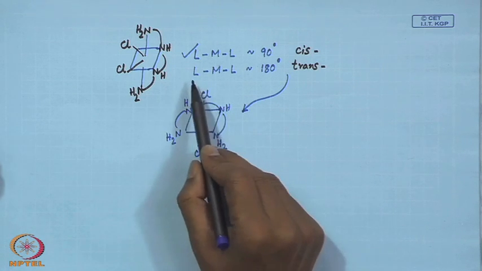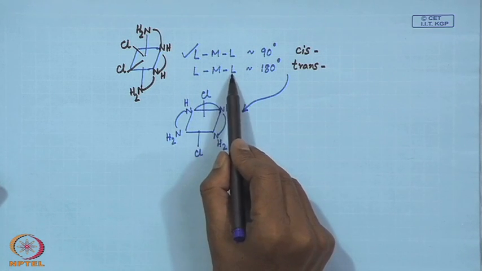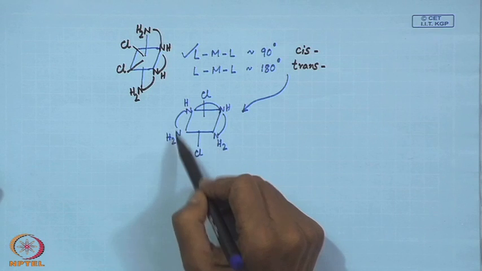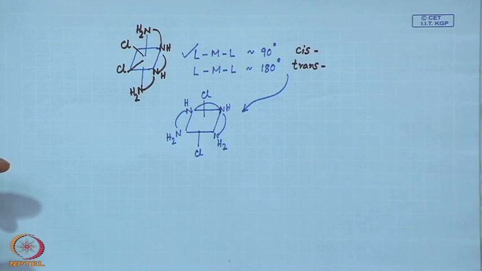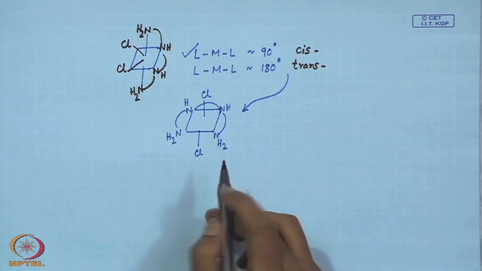So we are focusing our attention on the Cl-metal-Cl bond angle and we get two different types of arrangement. In case of the octahedral compound, like that of cisplatin, we will consider this as the corresponding cis variety as well as the trans variety.